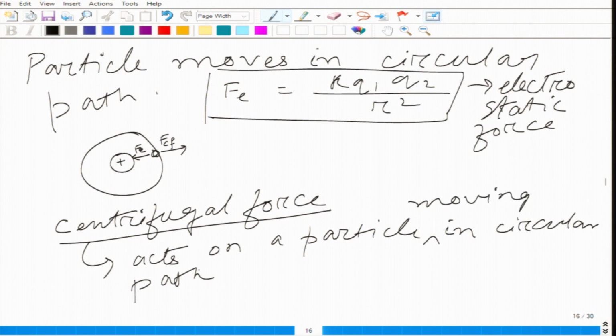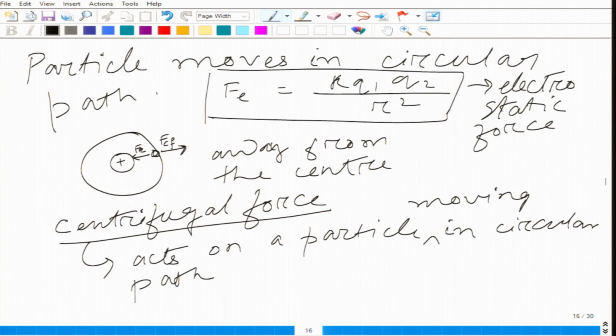And what is the direction of the centrifugal force? That is away from the center, right? That is the center of the circular path. Here the center of the circular path is the nucleus. So centrifugal force will act away from the nucleus, that is outside.